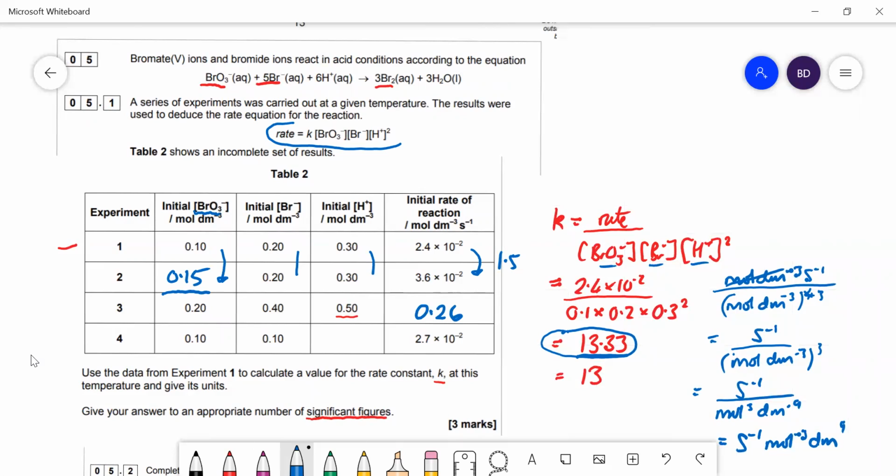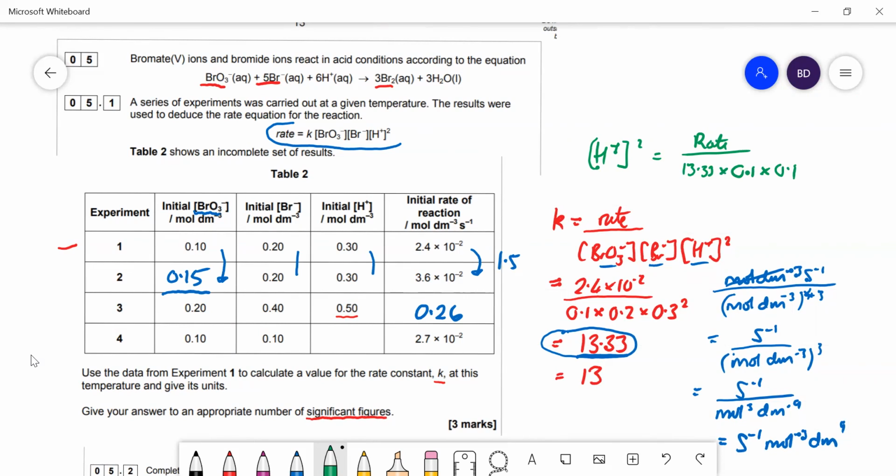Rearrange to get the H plus concentration for this last one, so you're going to have H plus squared is equal to rate over K, which we worked out as 13.33, divided by the bromate concentration, which is 0.1, multiplied by the bromide concentration, which is also 0.1.